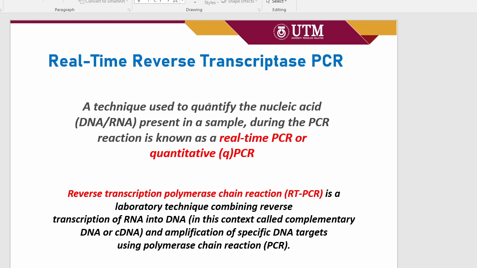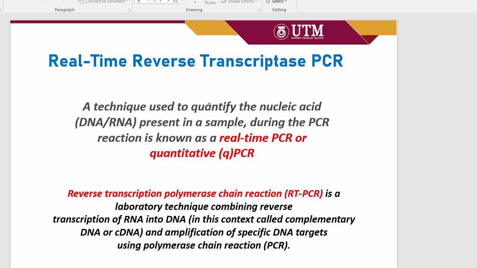By reverse transcription polymerase chain reaction, the RNA is transcribed into DNA, called complementary DNA. Whenever they get this complementary DNA from the sample, it is amplified into a sensitive, measurable, quantified signal that tells you the presence of this DNA.